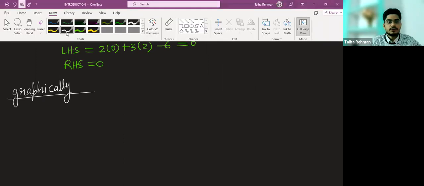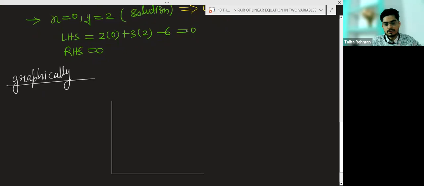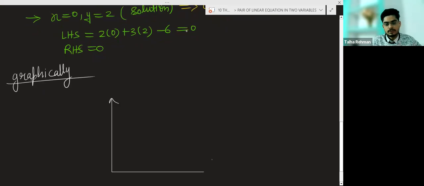For that we have to draw the graph, and for drawing a graph there is a requirement of coordinate points. So this is x, this is y.